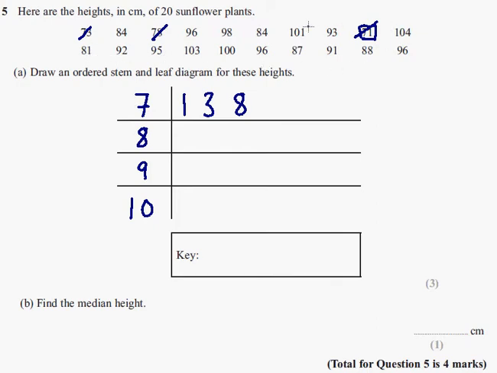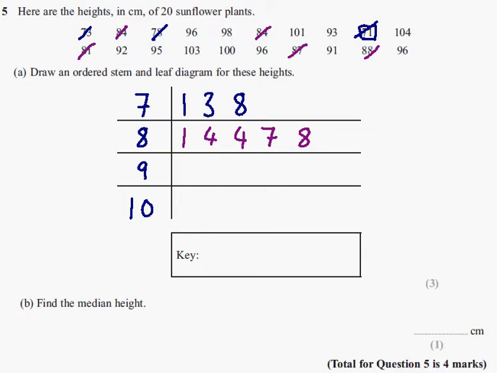So I'm going to do my 80s. My smallest 80 is 81, then I've got 84 and 84, I also have 87 and 88. Now they need to be in line like this. There shouldn't be any commas in between these numbers.